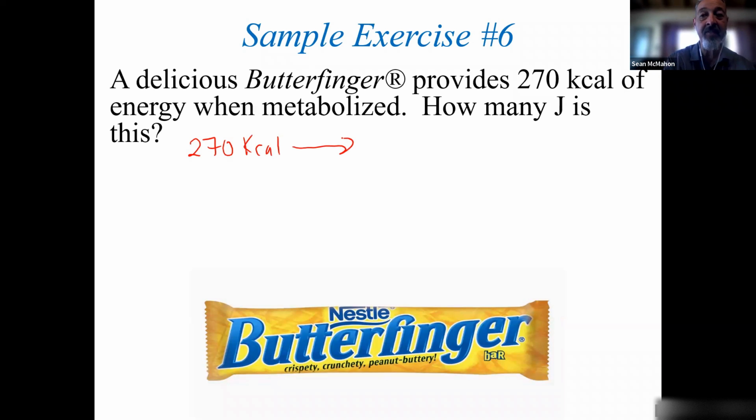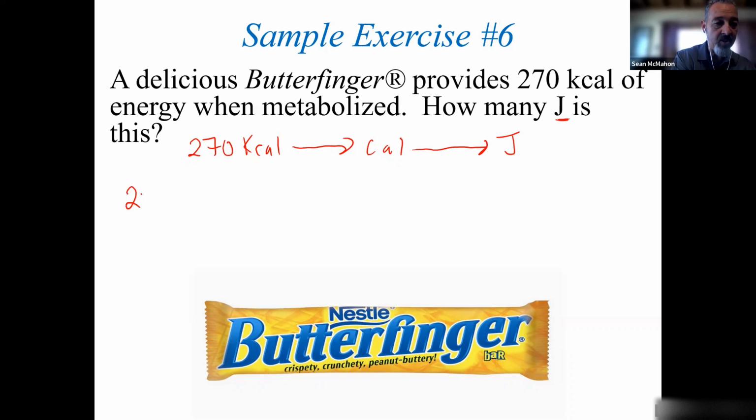Now I can convert kilocal into calories. How? The metric system, okay? But I don't want to stop at calories. I want to go to joules. So how do I do that? I'm going to use that conversion factor that we just did, that 1 calorie is 4.184 joules.